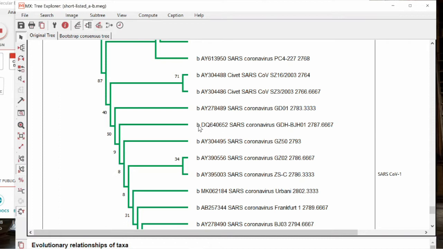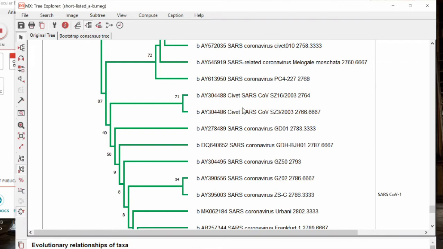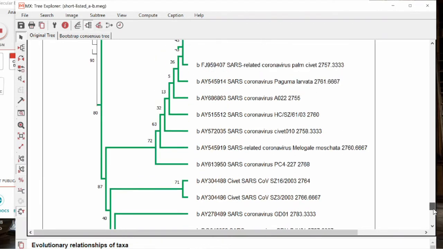So what we have here in the SARS-1, so we have civets, we have SARS coronavirus, SARS-1. So this is civets, and as we know, in the SARS-1 case the civets were the intermediate hosts. Not the high bootstrapping numbers, so they're grouped together with the SARS coronaviruses.